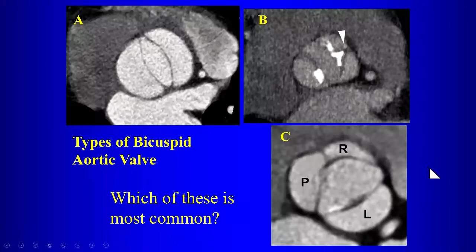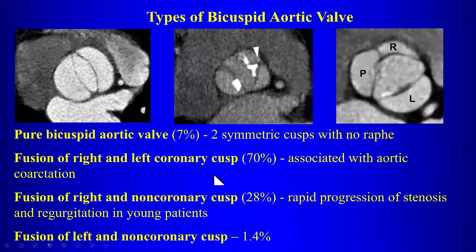Now, which of these variants of bicuspid aortic valve is the most common? B. Right. Correct. So that pure bicuspid valve morphology is actually quite unusual. Fusion of the right and left cusps, this one, that's about 70% of bicuspid aortic valves. That can also be seen in patients with aortic coarctation.